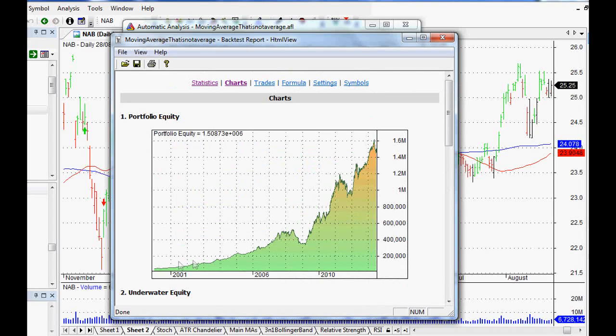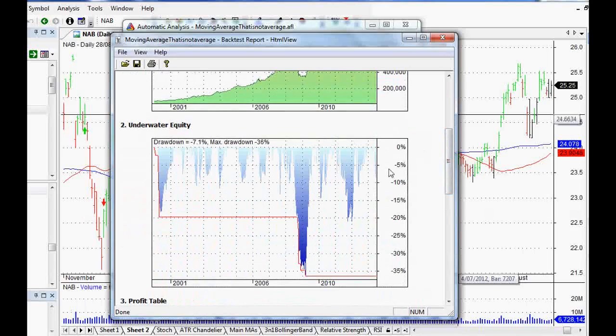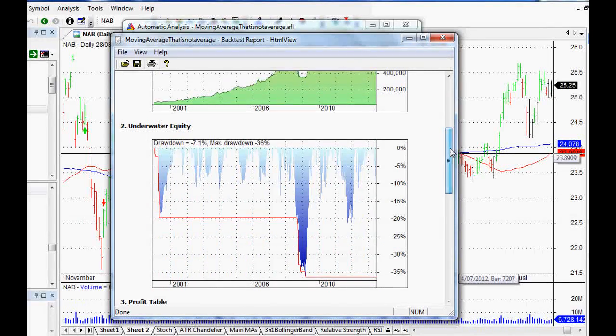So it doesn't quite have the same return as our other one. For example, it only turns $50,000 into around $1.4 million over the last 13 years. Now, obviously, this may change in the future as well. You can't guarantee the future, and you can't guarantee that this will actually give results in the future. But it seems as though by using that stop loss, we have reduced our risk a little bit.